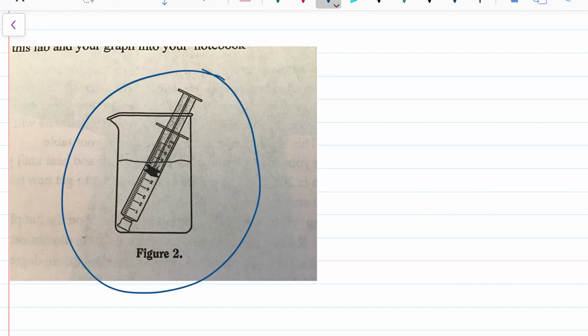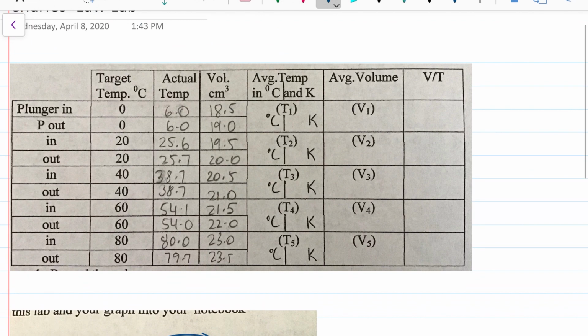And remember, the target temperatures were 0 degrees, 20 degrees, 40 degrees, 60 degrees, and 80 degrees. It's impossible for me with my cups here at my house to keep it exactly at that temperature, but that doesn't matter, provided when we record our volume, we record the actual temperature it is. So this is the data that we collected.